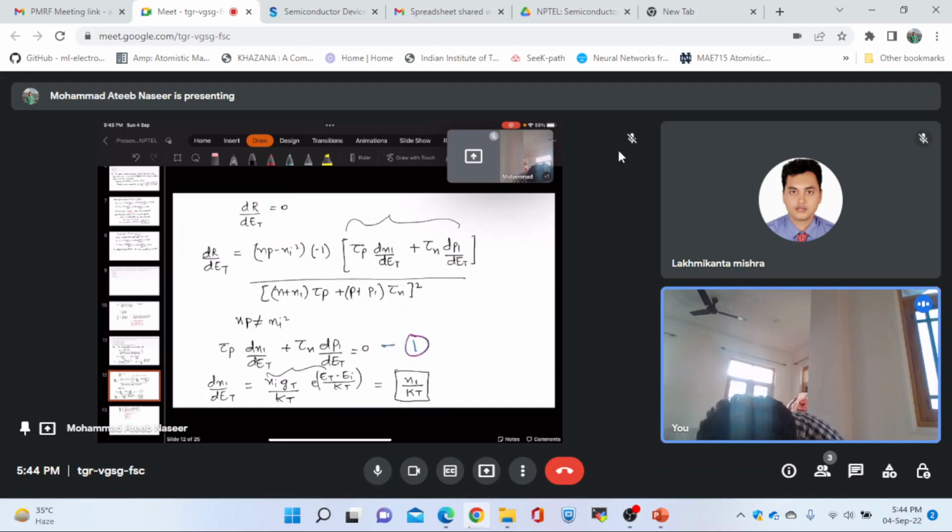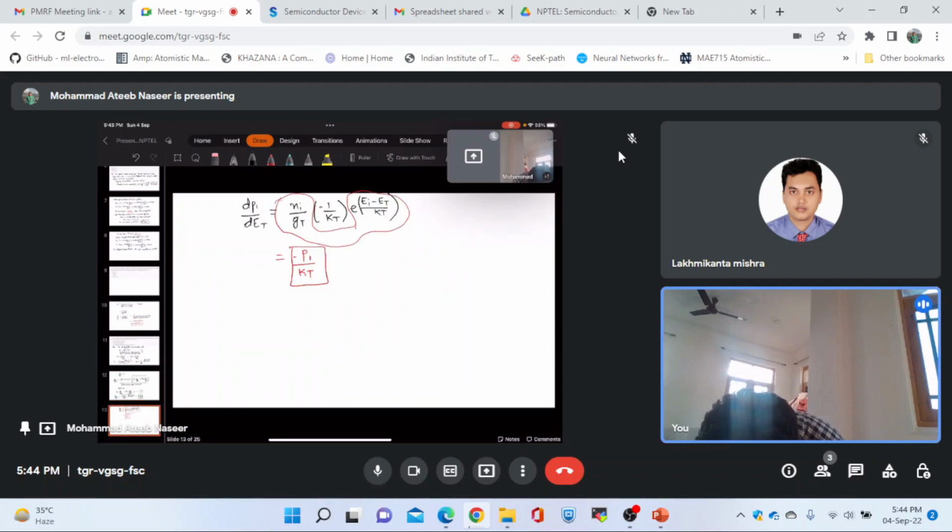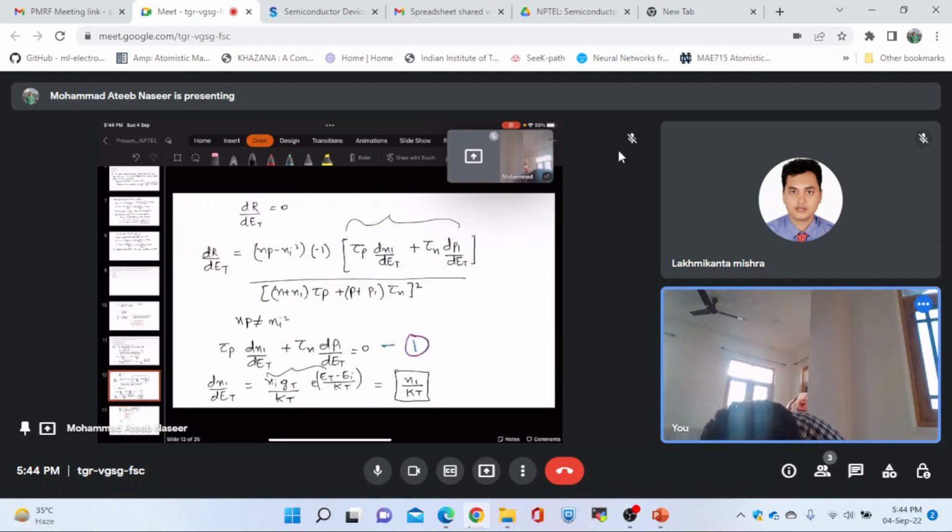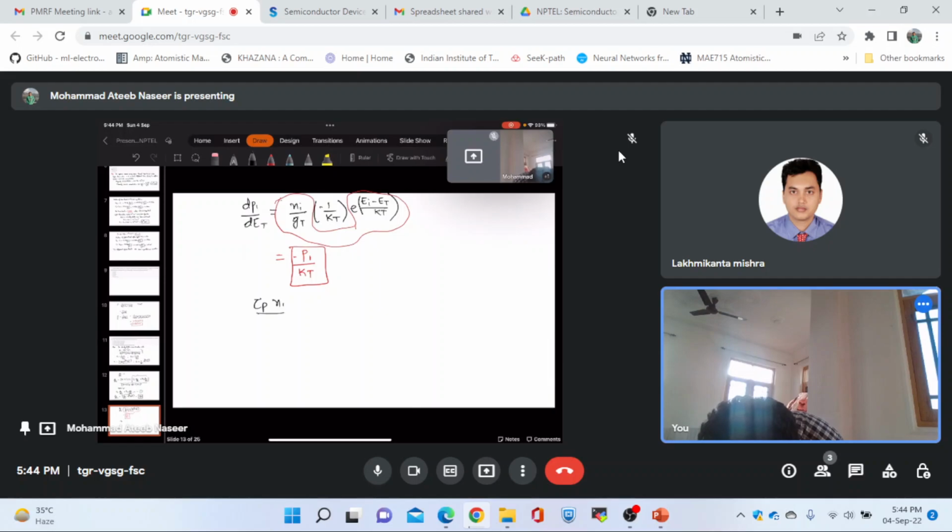Substituting these in 1, this will simply be tau p into n1 by kT minus tau n into p1 by kT equal to 0, or simply I will write it to be n1 by p1 equal to tau n by tau p.